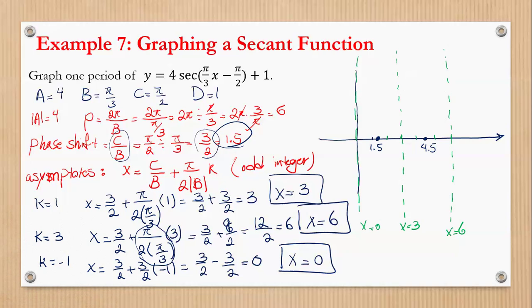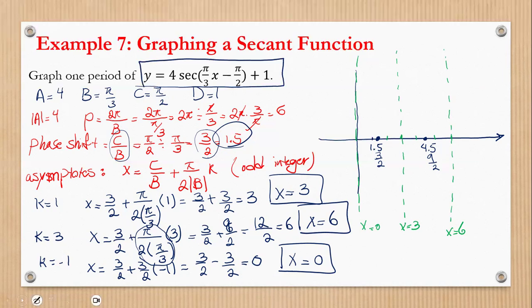What's the y value when x is 1.5? What's the y value when x is 4.5? This point is 3/2, and this point is 9/2. Fractions are easier for you. So we need to replace this number into the secant function, replace it for x, and then try to find the y.